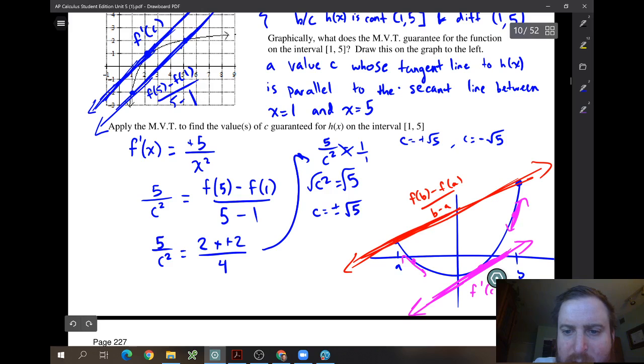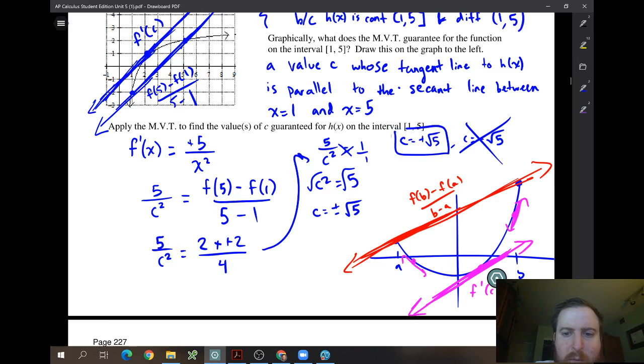Well, positive square root of 5 is in the interval, but negative square root of 5 is not. I don't know what the decimal for square root of 5 is. You don't have to report it because this is not a calculator question. But we do know that basically 1 squared is 1 and 5 squared is 25. So the square root of 5 is in between those because 5 is in between 1 and 25.